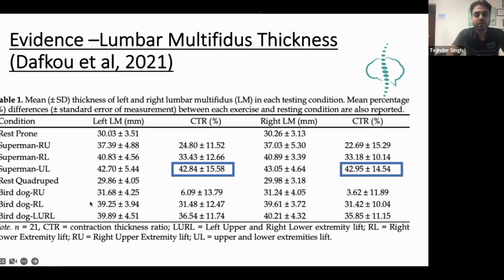They found that prone position, lifting the arm, gives you the best activation when you lift the contralateral side. This is also the test, so the test is very similar to treatment. If I'm trying to train the multifidus on the right side, Superman with the left arm lifted is the best position to train that muscle.